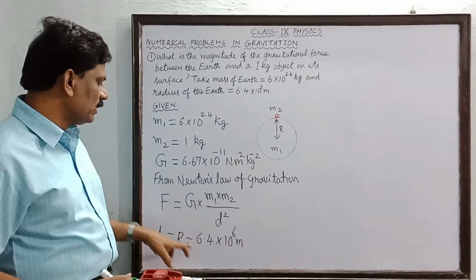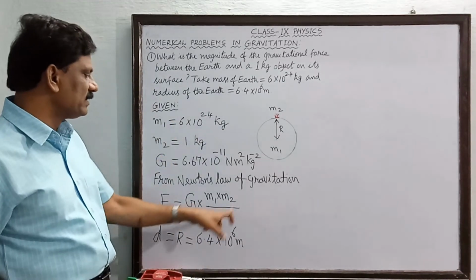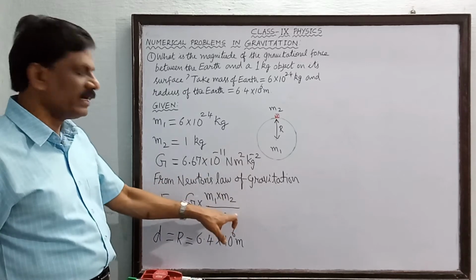Now I am going to substitute all these m1, m2, this distance and the value of G in this expression.